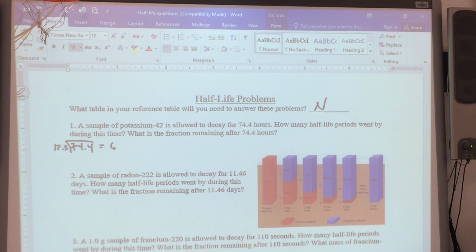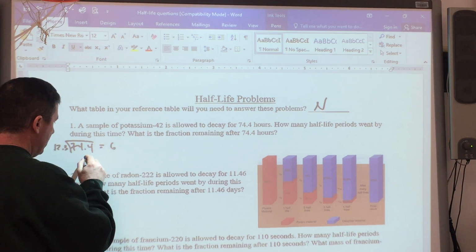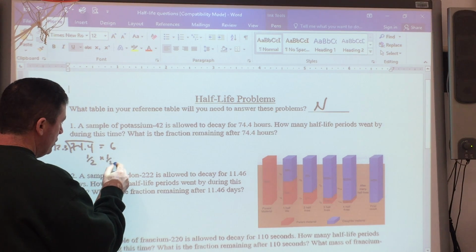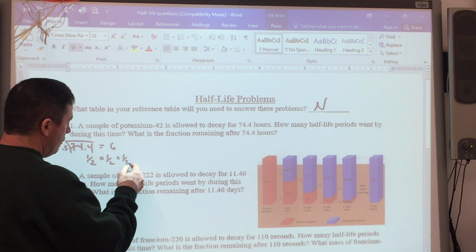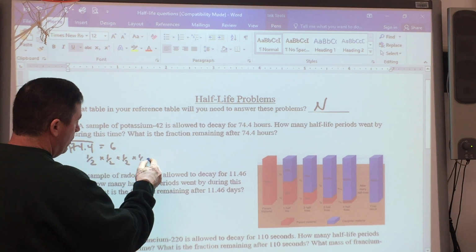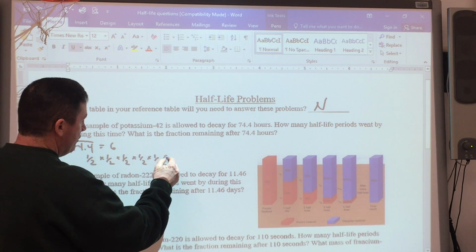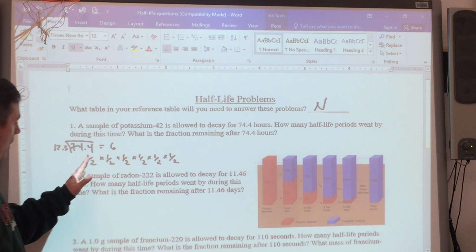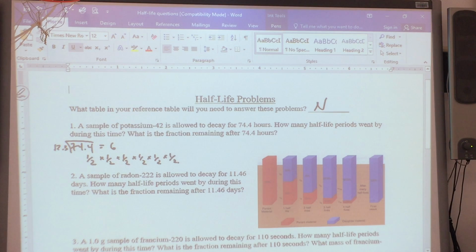What is the fraction remaining after 74.4 hours? So if I have a half-life each time, there's 1 half-life, 2, 3, 4, 5, and 6. So what fraction?